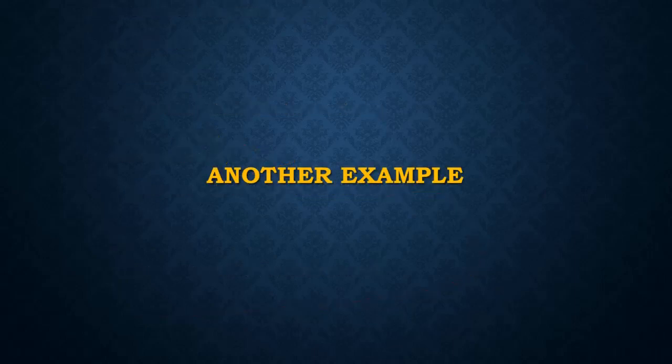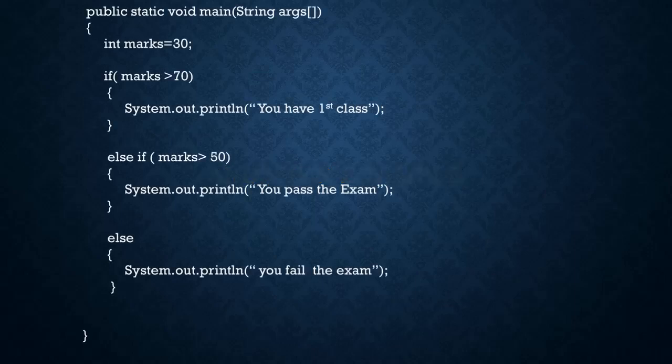Fine. Another example. Here, marks is 30. Now let's see what will happen. Start here, and it comes to my variable declaration and initialization, and then here I'm checking the condition. 30 is greater than 70? No, false. 30 is less than 70.